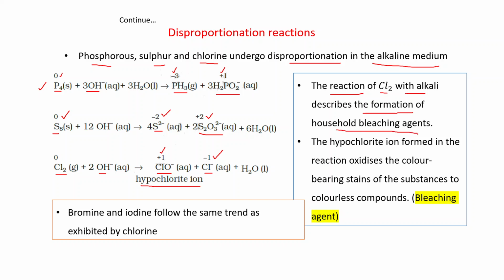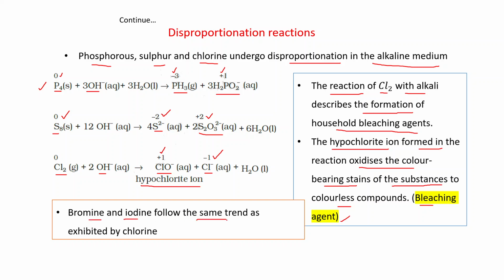Bleaching agents are used to decolorize. The hypochlorite ion formed in the reaction oxidizes the color-bearing stains of the substances to colorless compounds. That is, chlorine in alkaline medium acts as a bleaching agent.